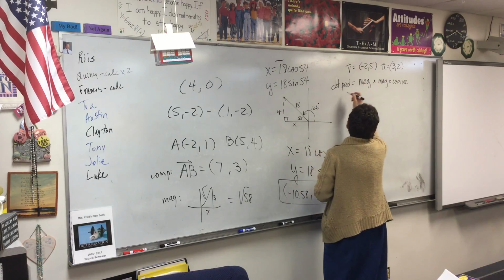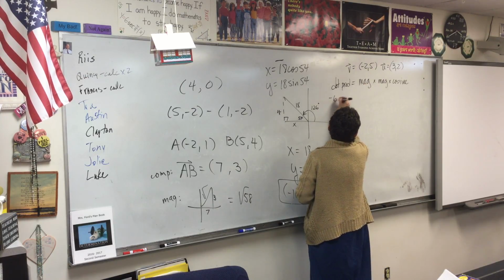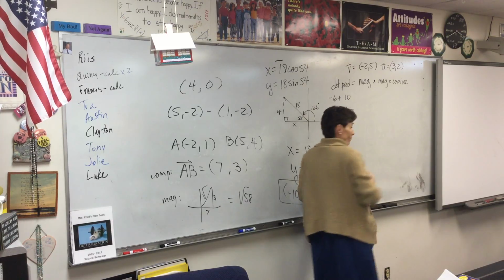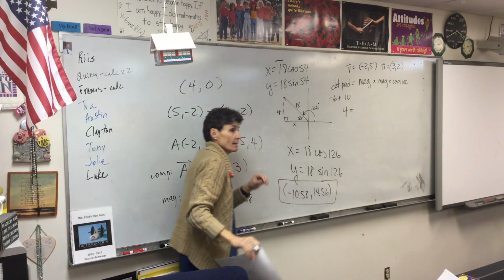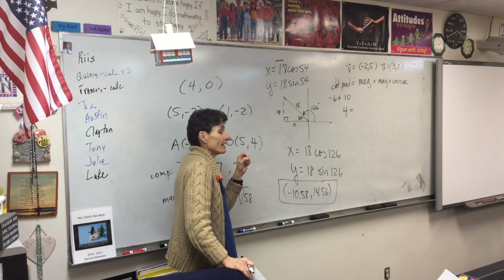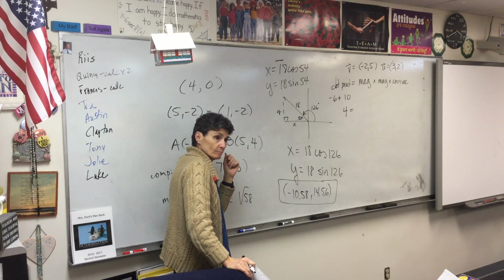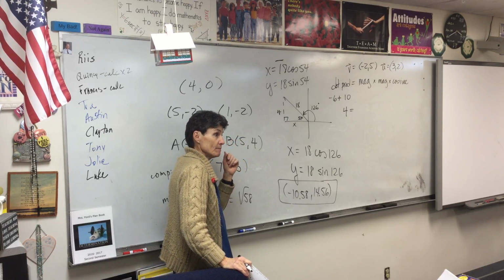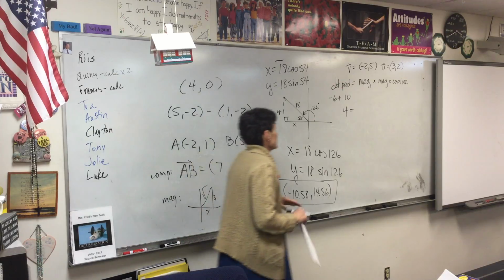That would be negative 6. Y times y. I got 4 for my dot product. Did you? X times x, y times y, add them up. Is that good?